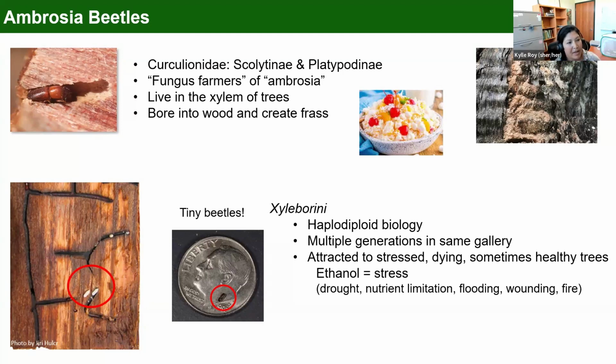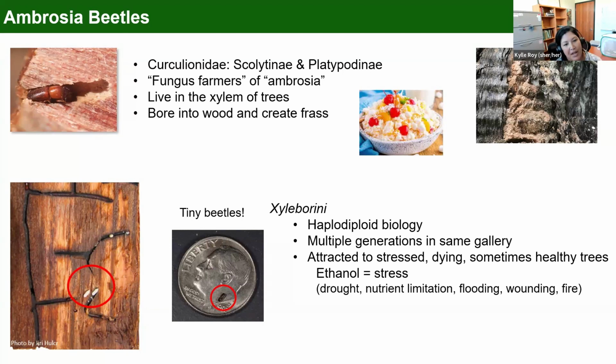When they're making their homes, which are called galleries, they kick out what we call frass into the environment. Frass means little tiny macerated wood parts that are the same size as their little mouths, and also dead beetle parts and poop, basically.